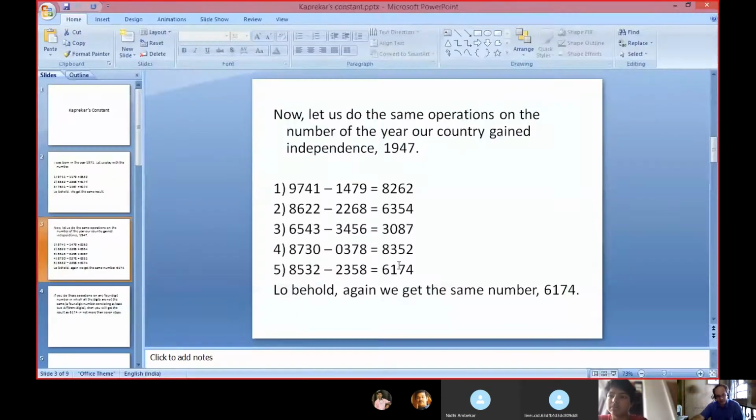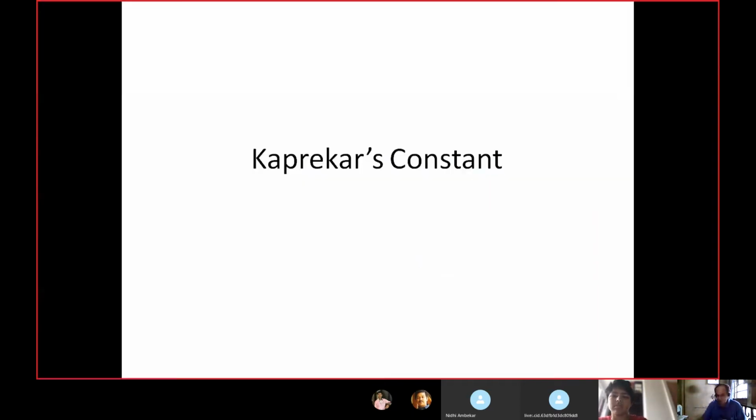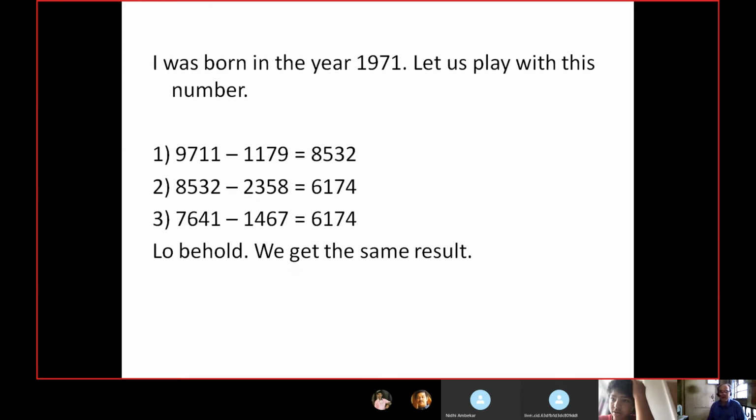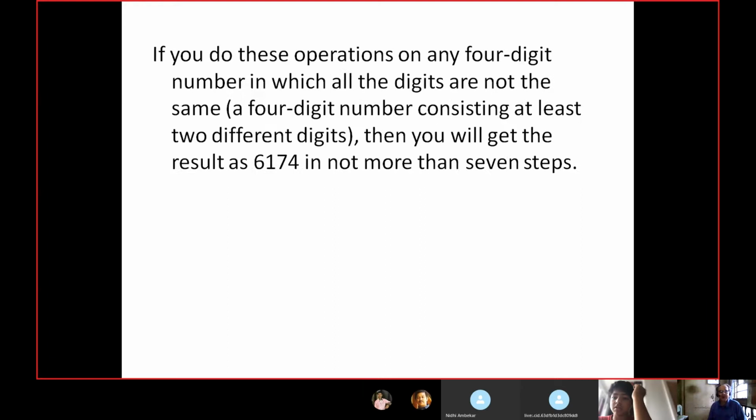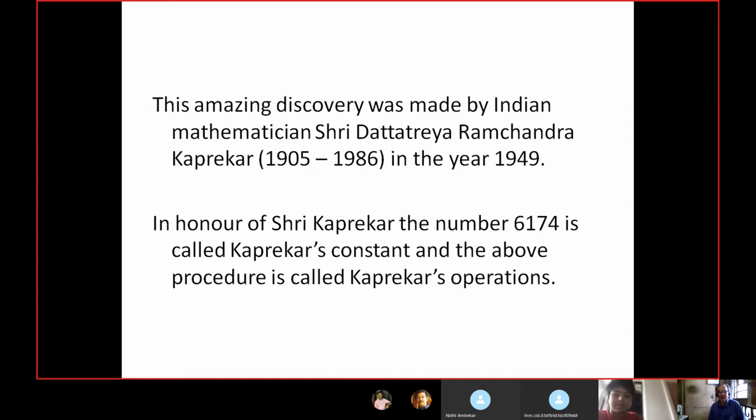Let me tell you about the mathematician, Kaprekar. Dattatray Kaprekar was called Ganitanand, because he got joy out of doing mathematics. If you do these operations on any 4-digit number in which all the 4 digits are not the same, then you will get the result as 6174 in not more than 7 steps.